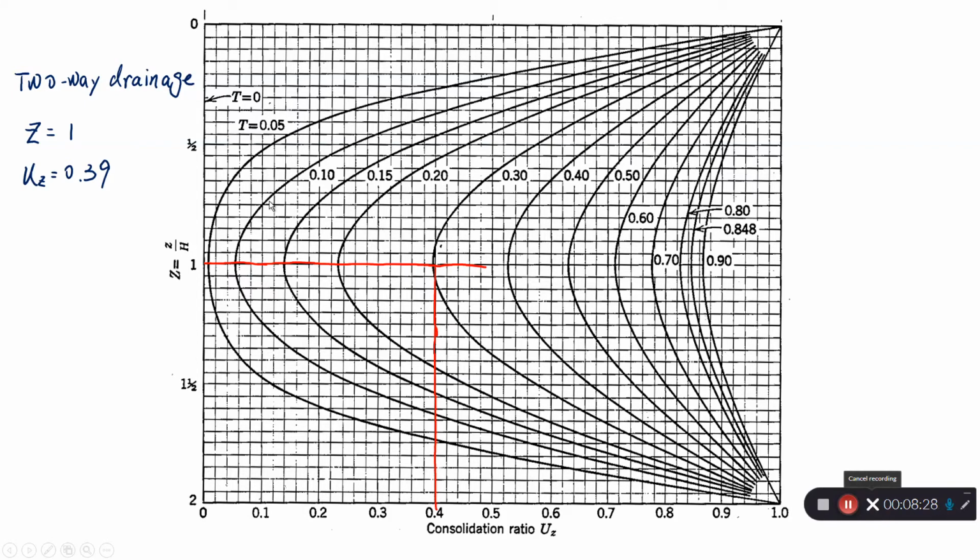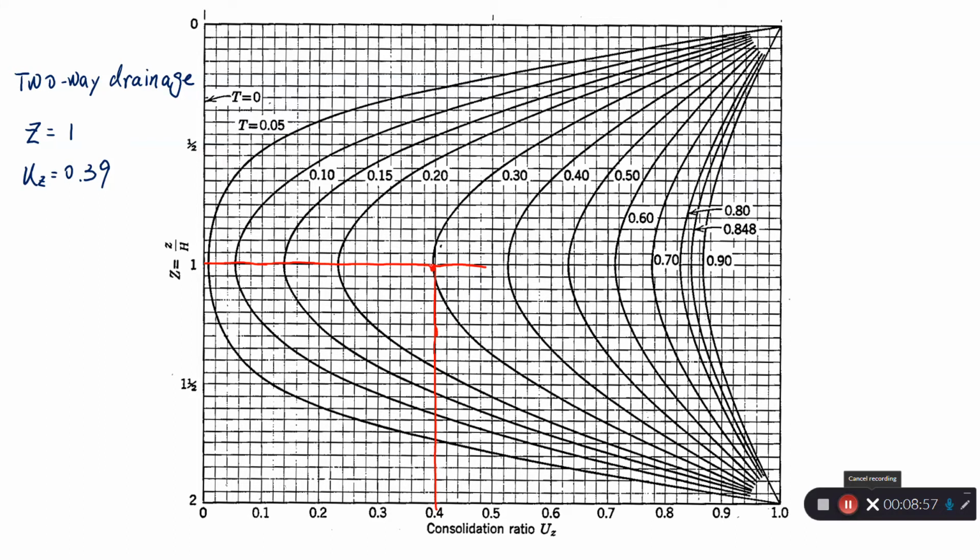It seems that the horizontal line and the vertical line intersect here, at the peak. First of all, it is at the midpoint, so when Z equals 1, our point is right at the middle.